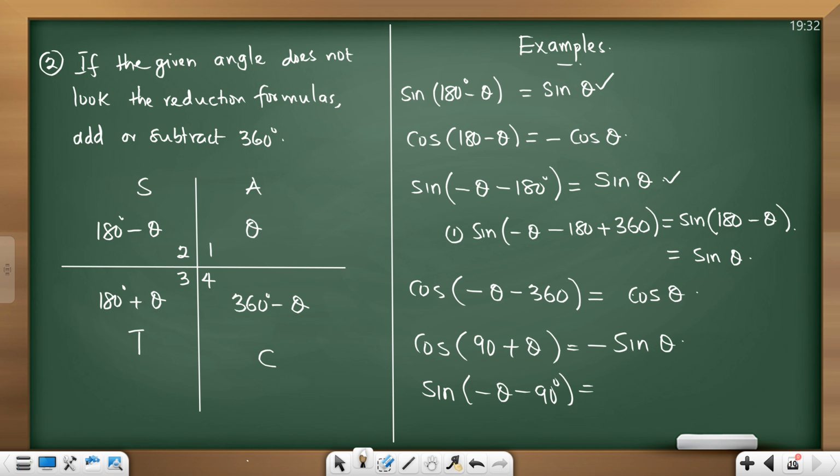Okay, give me an answer to this one, everybody, quickly. Sine negative 90 minus negative theta minus 90. Come now. Type your answer.